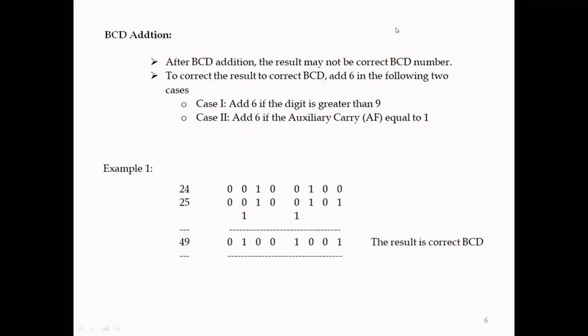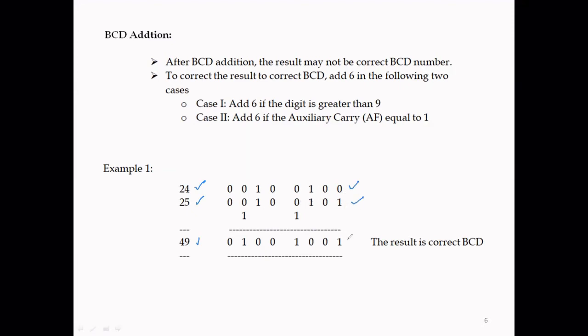Let us see one example. These are two decimal numbers, 24 and 25. We need to add them. Manually, 5 plus 4 is 9, and 2 plus 2 is 4, so the result is 49. Let us see how the computer will do it. This is the BCD number: 2 means 0010, 4 means 0100, 25 means 0010 and 0101.